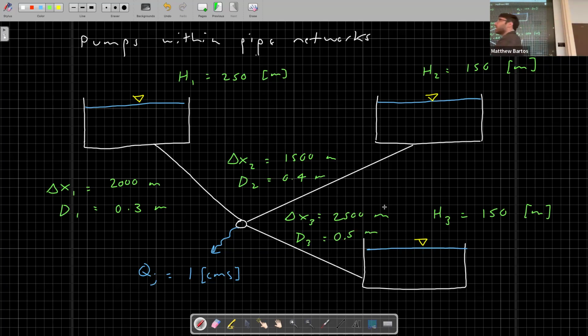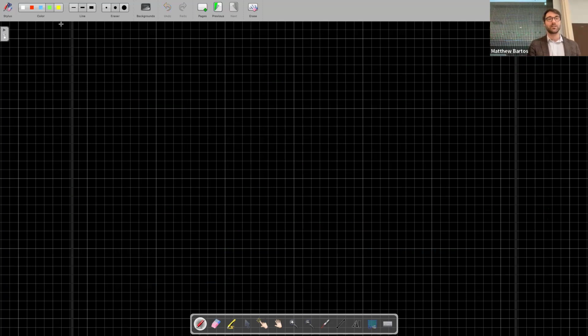Okay, so when we looked at pipe networks previously in this class, what was our general approach for solving the internal flows and heads within the pipe network? Okay, so there were 2 parts. The first was we apply the continuity equation to each junction. And what else?